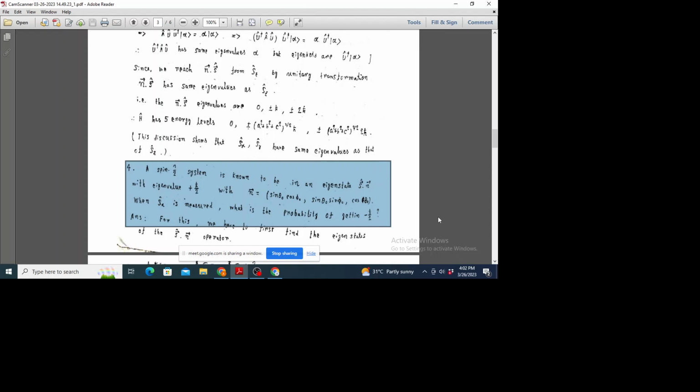If you remember the discussion of the previous question, we anticipate that Sz and S dot n have the same sets of eigenvalues. So the eigenvalues of S dot n will also be plus or minus h cut by 2, and similarly for Sx also, the eigenvalues will again be plus or minus h cut by 2.